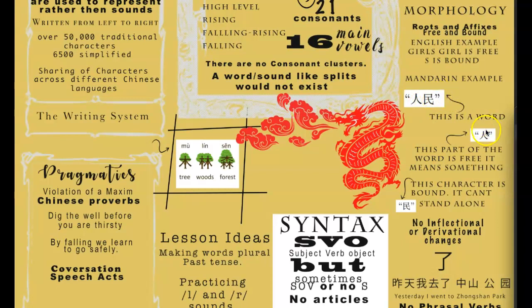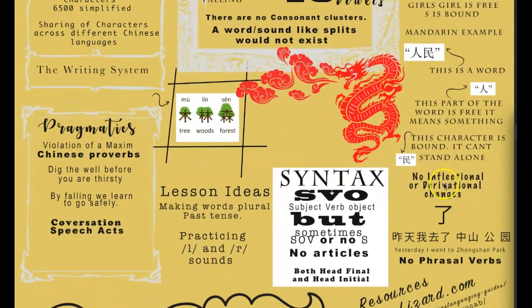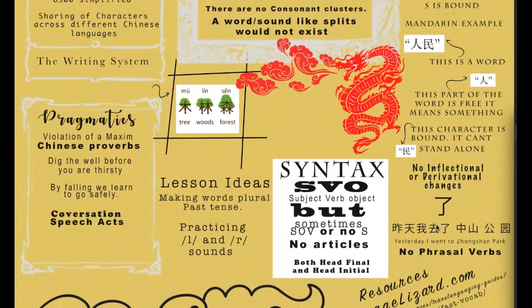This second box is part of that word, and this is a free morpheme. It means something on its own. This part of the word right here is bound because it cannot stand alone. It has no meaning by itself. There are no inflectional or derivational changes.